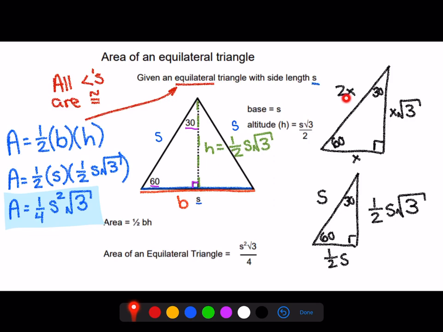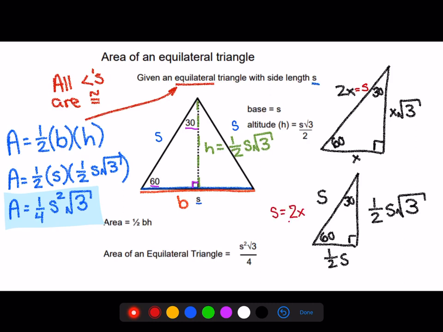Now in this case, very important for us, we know that our side length is s. So 2x, our hypotenuse, is actually equal to s. Well, if that's the case, then x is just 1/2 of s. Because I can say, oh, s is equal to 2x.